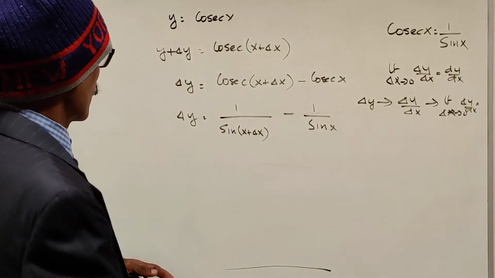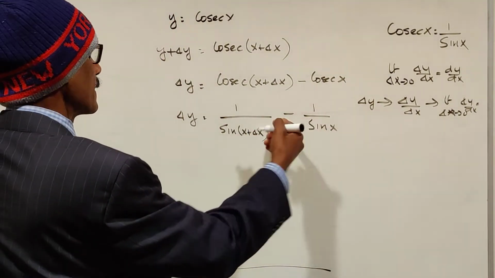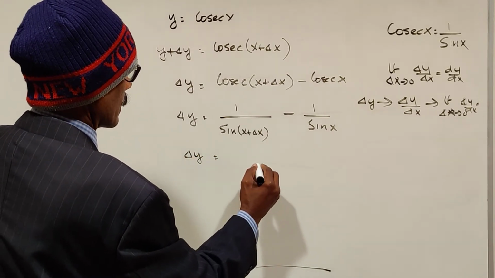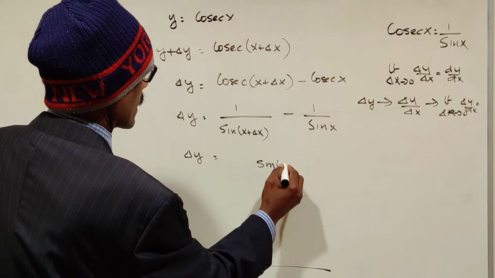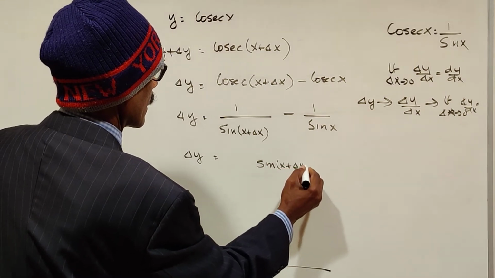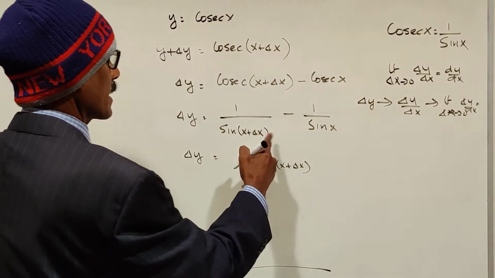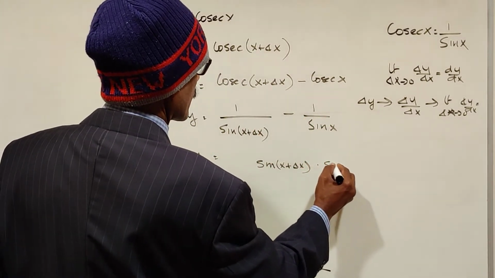Okay, then take the LCM. Delta y equals sin x minus sin of x plus delta x in the numerator, because both denominators are different, so the LCM is sin of x plus delta x times sin x.